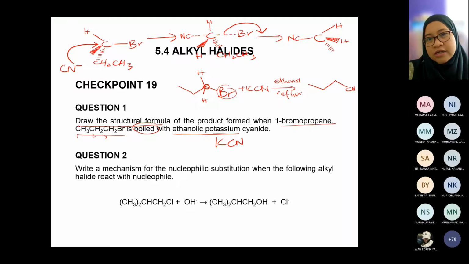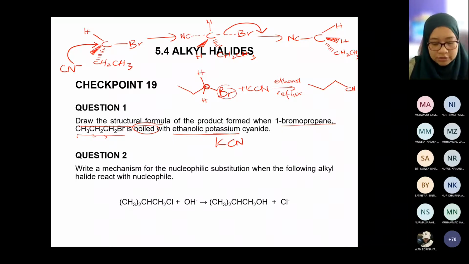And then give me dashes, CH2, CH3. Siap. Okay? Alright. So ni, even though soalan tak tanya, saya nak tunjuk. Practice lah, even though dia tak tanya, tapi you boleh practice.